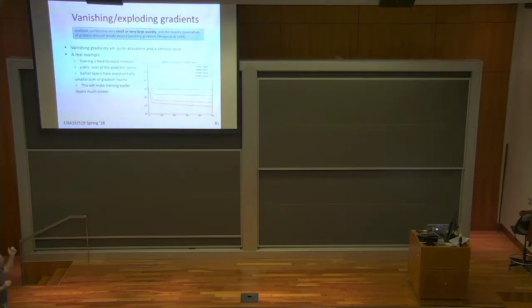Let me show you this empirical graph so that you can see how this happens in practice. Sorry about the color coding if it's not clear. These curves are the average absolute value of the gradients. The blue one corresponds to the first layer, then the second layer, third layer, and fourth layer.